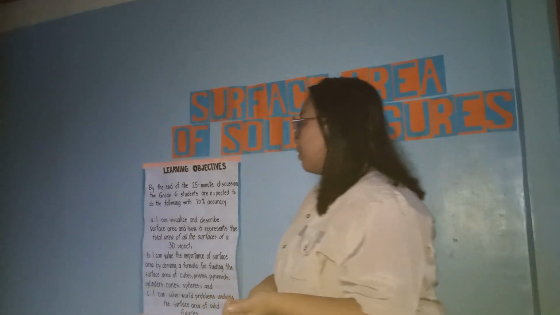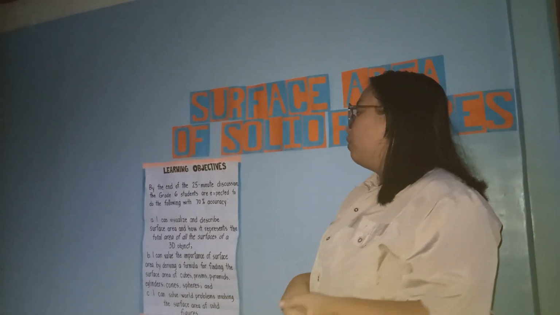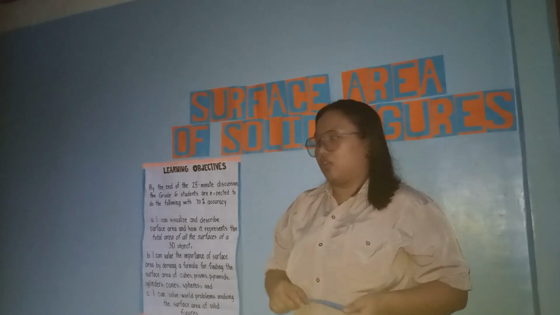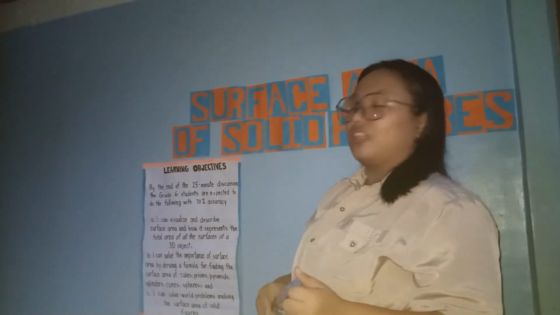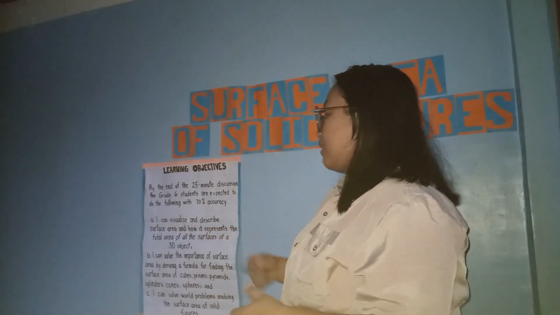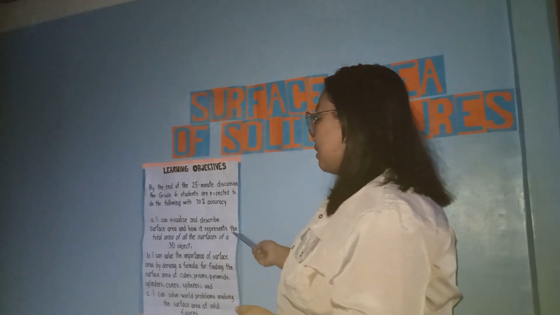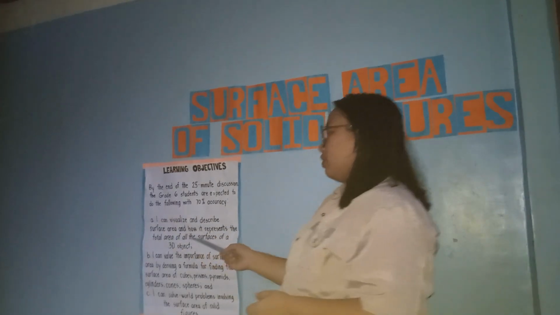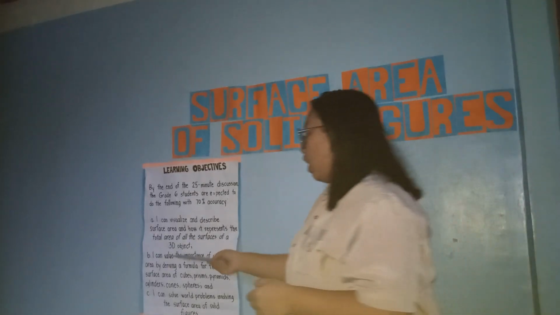By the end of a 25-minute discussion, the grade 6 students are expected to do the following with 70% accuracy. Let us first read letter A. I can visualize and describe surface area and how it represents the total area of all the surfaces of a 3D object.